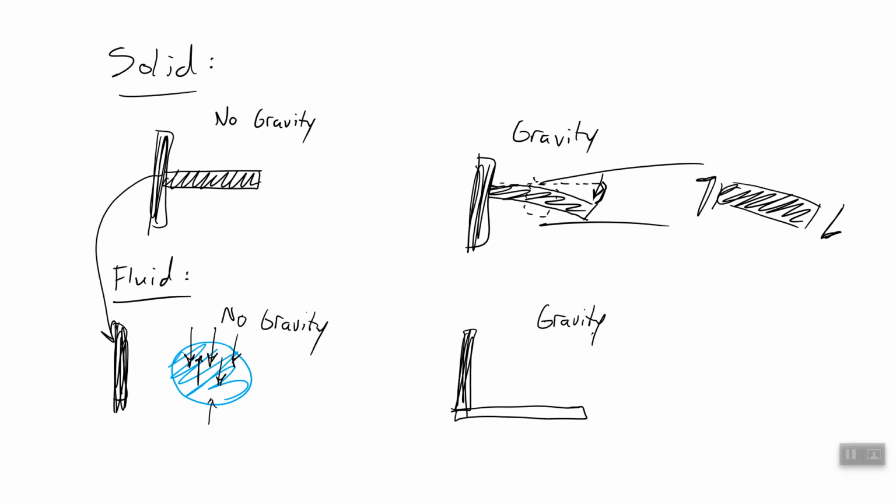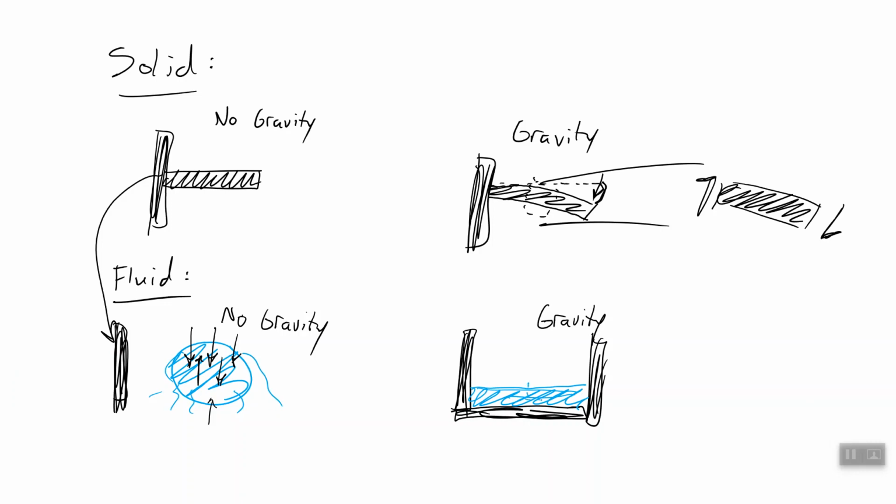Instead, we're going to draw a nice little bowl right here, and our water is going to deform. It's going to deform until it forms a little puddle just at the very bottom. So it has deformed continuously until it reaches a point where there's no longer shear stress acting on the fluid.